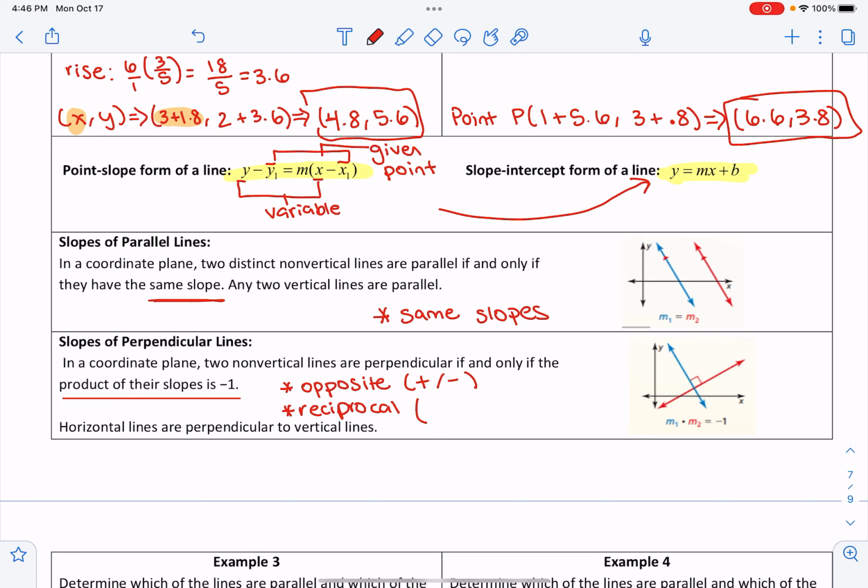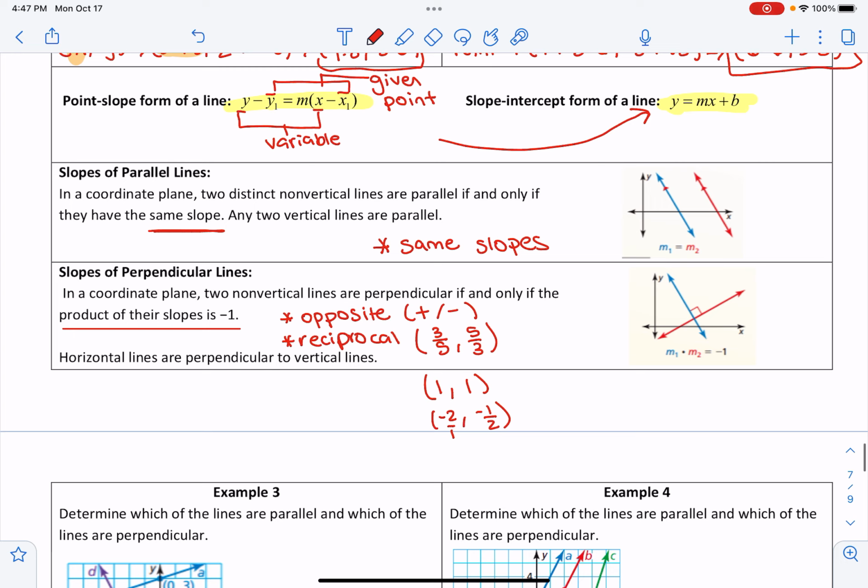And then reciprocal is, instead of 3/5, our reciprocal would be 5/3. So if we had 1, the reciprocal of 1 is still 1. You flip the bottom and the top. If I have -2, the reciprocal is going to be -1/2, because remember there's that 1 right there. So perpendicular slopes are going to be opposite and reciprocal.